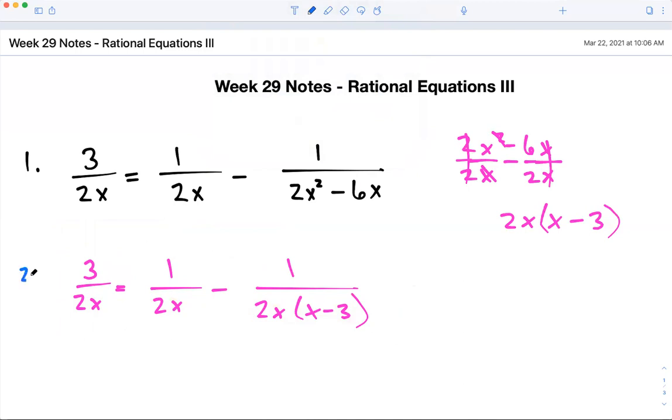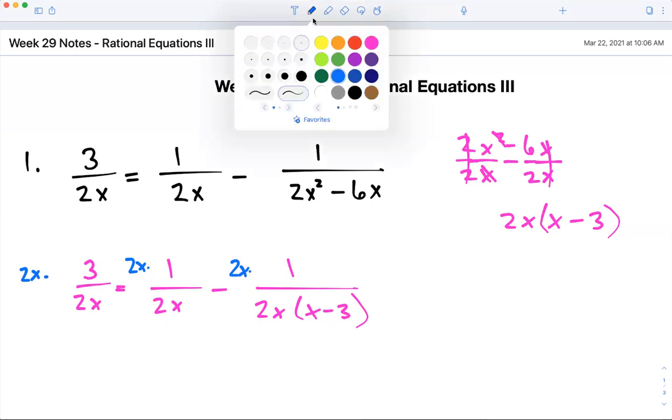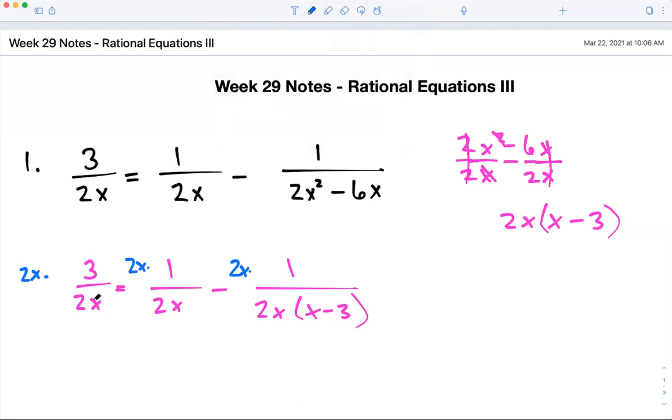So I'm going to multiply this one by 2x. I'm going to leave space for something else if I have anything else, but 2x and then 2x. Everything gets multiplied by the same thing. Now try not to get too cluttered over here. All right. Now we can cancel out the 2x here, the 2x here and the 2x here.